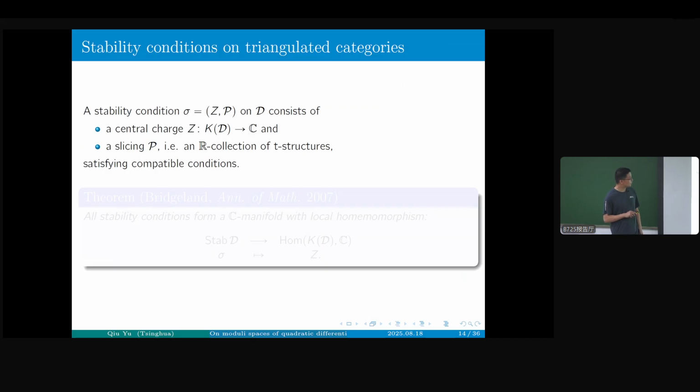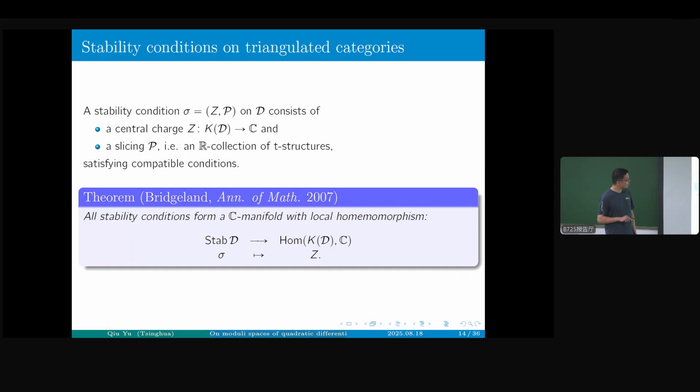That will give you a central charge, but that's just one stability condition. From our point of view, we want to take all stability conditions on a triangulated category D, and then Bridgeland shows that this forms a complex manifold, and the local coordinates are given by the central charge. So instead of looking at one stability condition, you look at all the stability conditions, and this is kind of moduli space stuff.